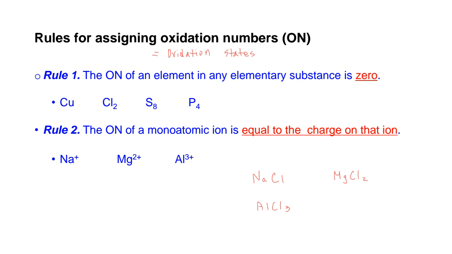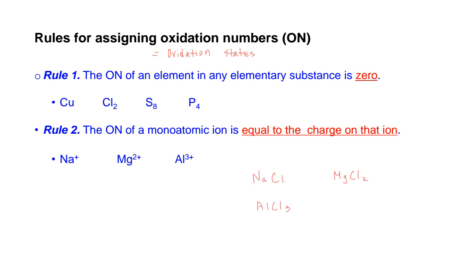In other words, there must be no transfer of electrons from one atom to the other atom within the same element. So the oxidation number of copper, chlorine, sulfur, phosphorus, all these are 0.